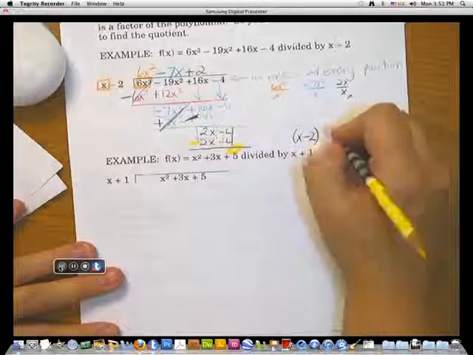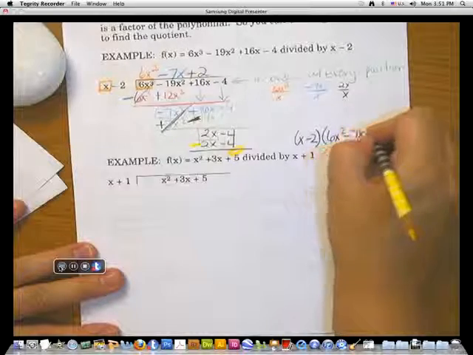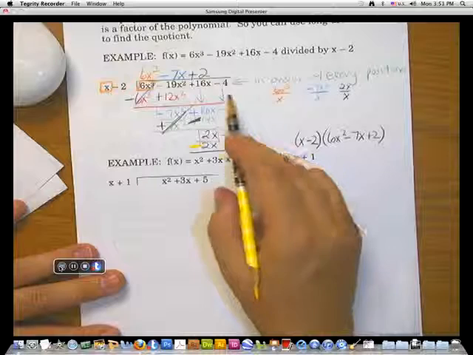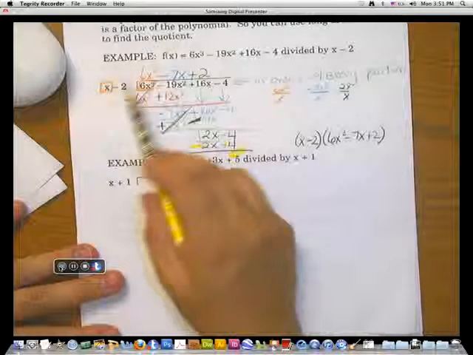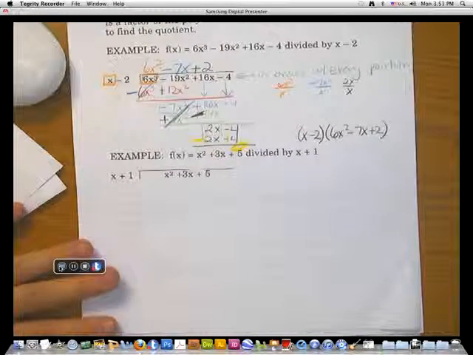If you wanted to verify it, x minus 2 and then the quotient that we got, if you distributed all of this and combined like terms, you're going to get that, because that's what it means to divide in evenly, is that these two things multiply together to be that dividend.